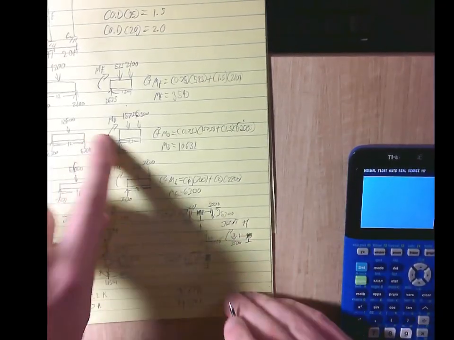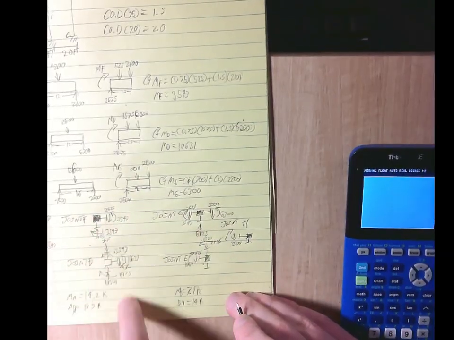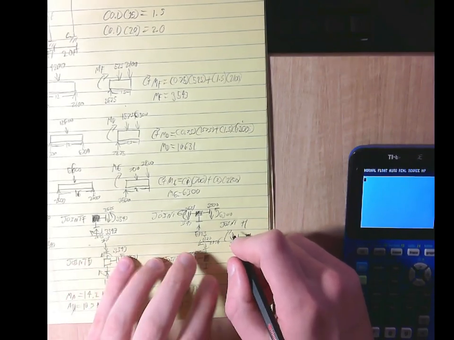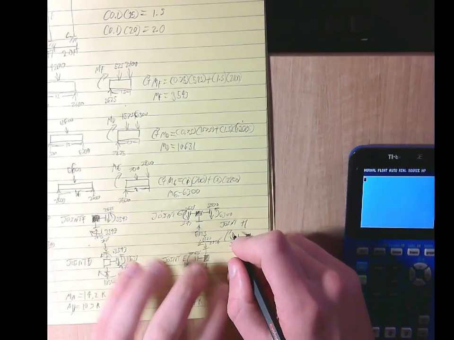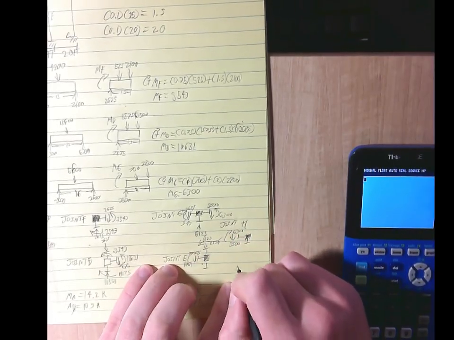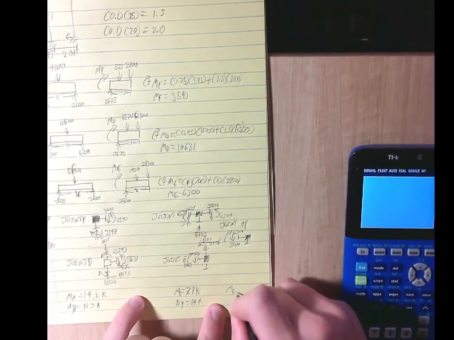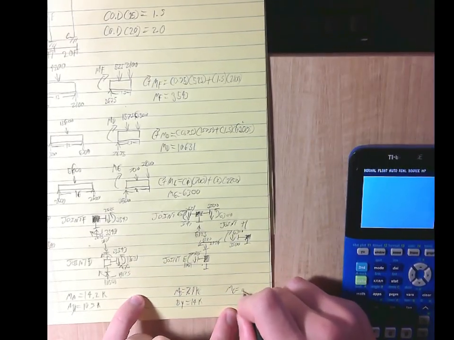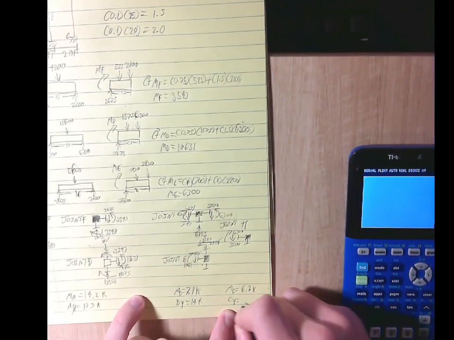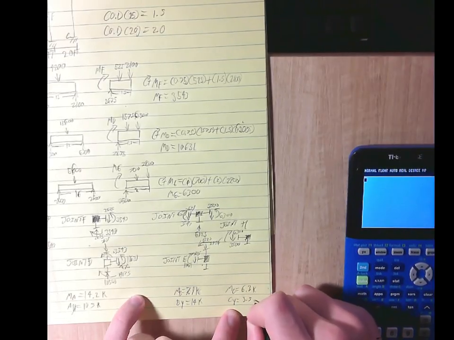Being rotated, it's going this way, but on this side it's going this way, so on this side it's going back that way. 6,300. This means that MC is going to be equal to 6.3K, and CY is going to equal 3.5K.